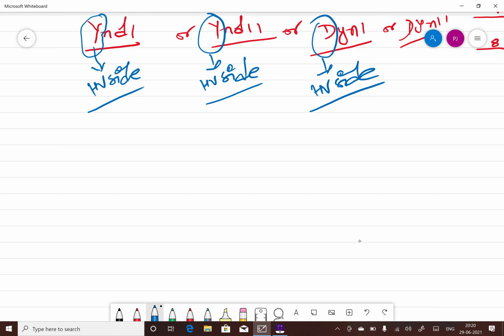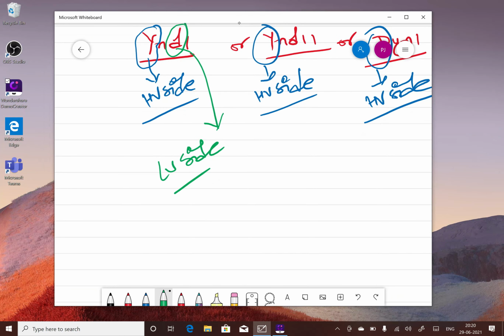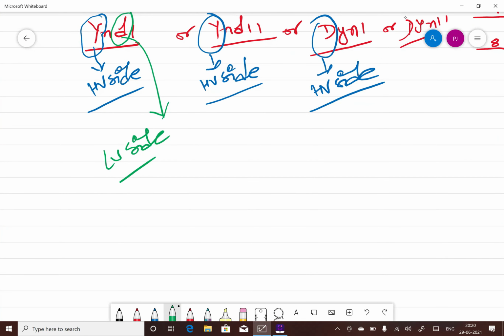Then comes the next thing: the alphabet which is written in small case, like this d over here, designates your LV side. Same way in this also, this designates your LV side, and here this designates your LV side.